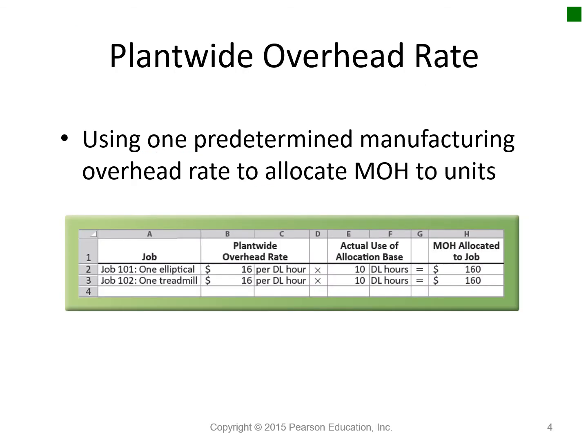So here's your rate, and here's the activity. All they're doing is taking one rate times the activity to get the allocated overhead. In this case, it was an elliptical and a treadmill, and they were using 10 hours on each of these products. So the amount of overhead that would go into each of them would be $160.